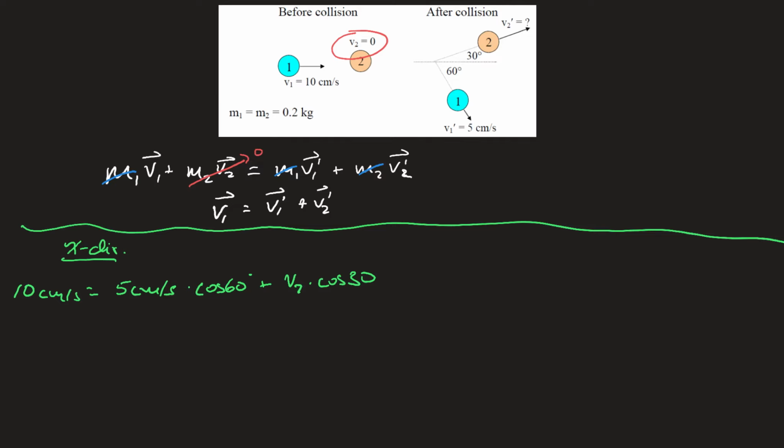By rearranging and solving here, we end up with v2 prime equals 10 centimeters per second minus 5 times cos 60, which is just 2.5, that's again in centimeters per second, divided by cos 30.